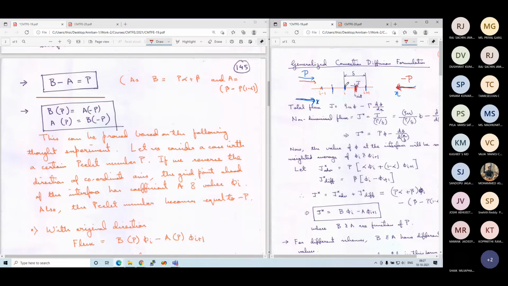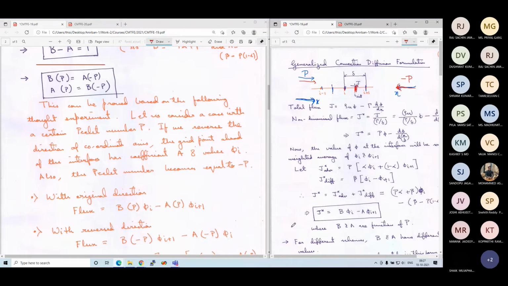Now this is the grid point ahead of the interface, and this is the grid point behind the interface. We can write the flux as B into phi I plus 1, because this is now behind the interface.